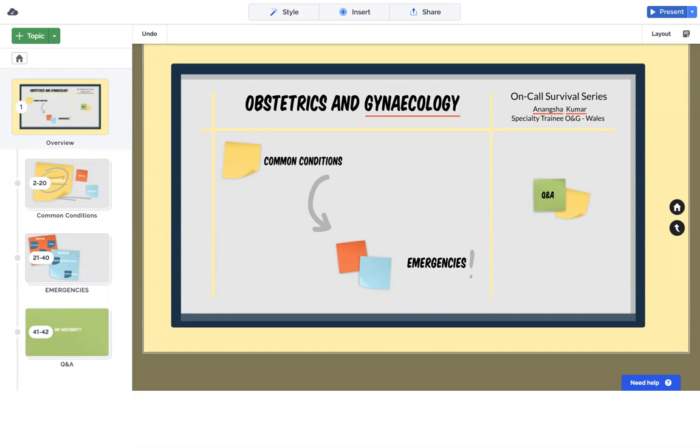First is presenting complaint, which is your history of presenting illness, then past history, present history, and the other Ps will be smears. Just ask them about their previous smears. In obs you don't need to ask, but in gynae you need to ask about their periods, how their menstrual cycle is, about contraception, and about anything else, which is the other P.